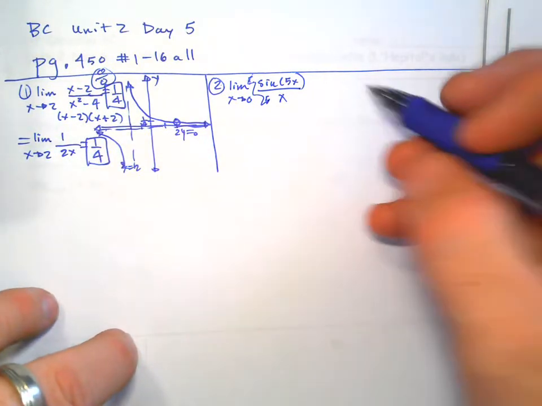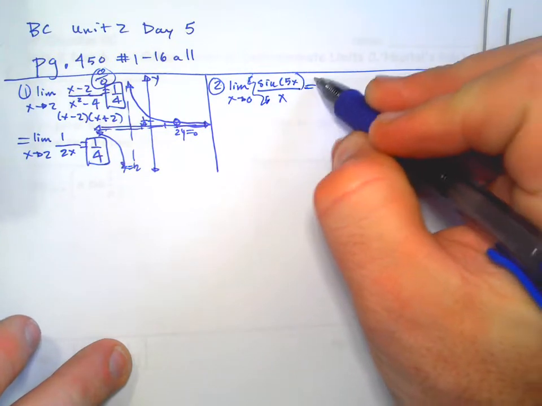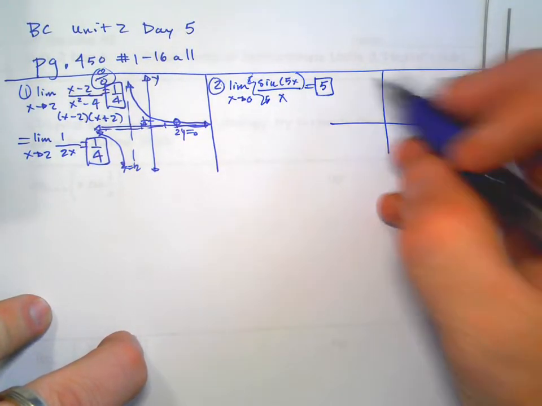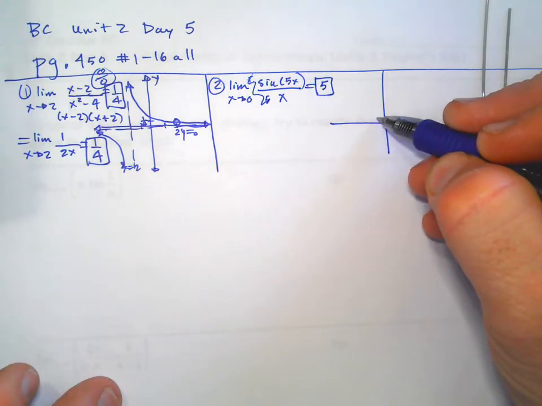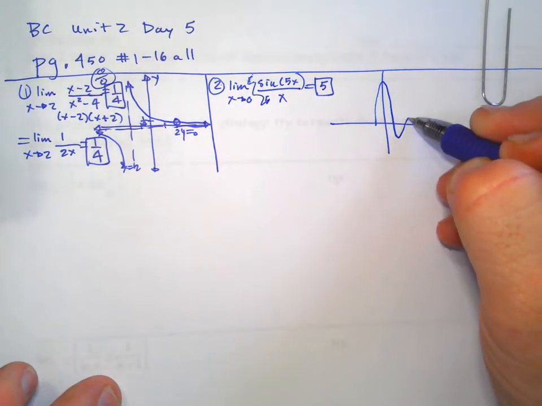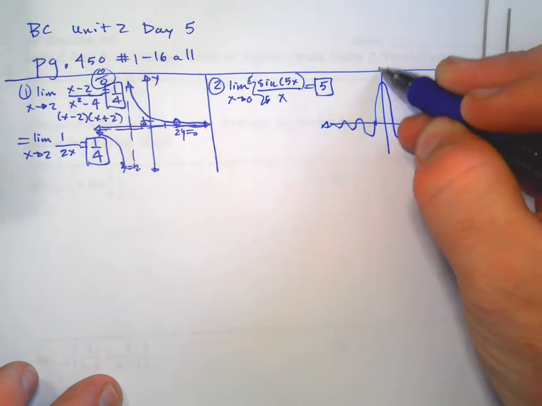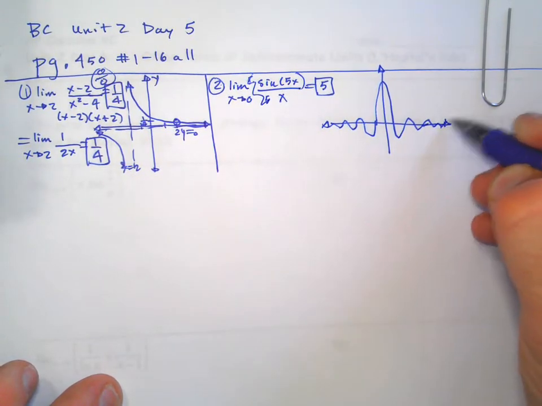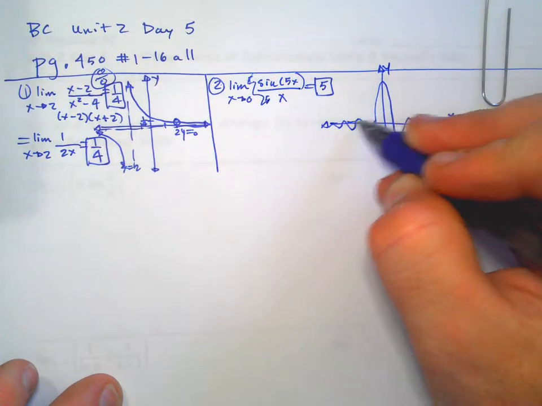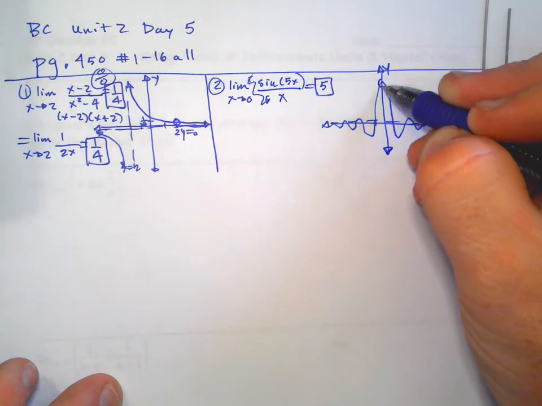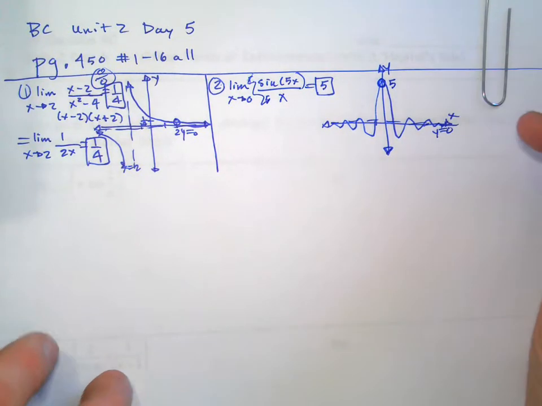So I'm saying I think it's 5 based off the graph, the sketch of the graph. It goes like this. Okay, so it looks like it has probably a horizontal asymptote, y equals 0, and this value right here, which appears to be a hole, is 5.